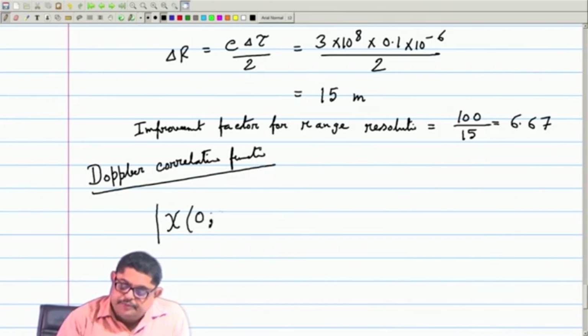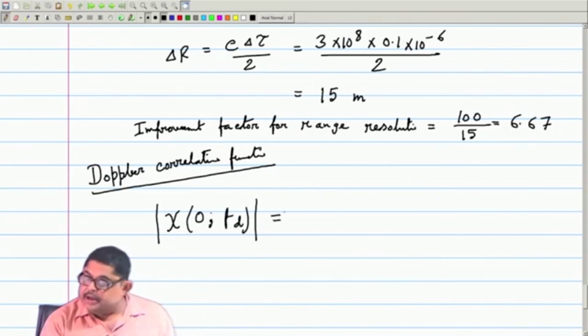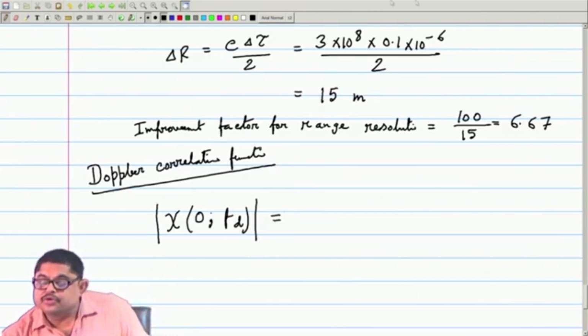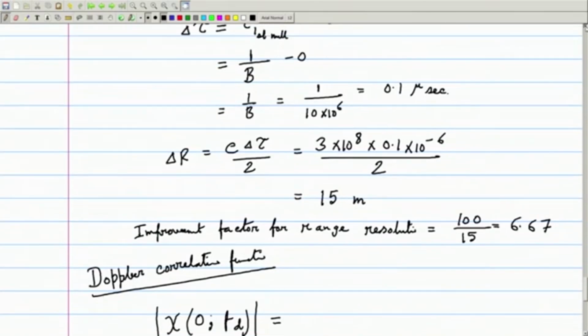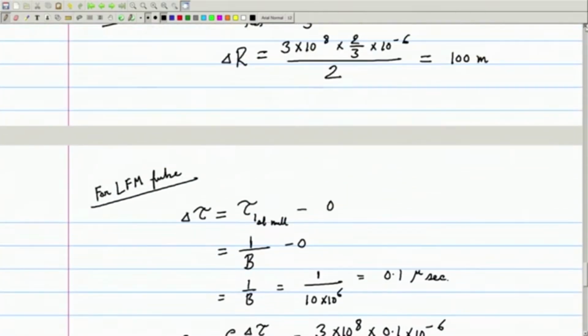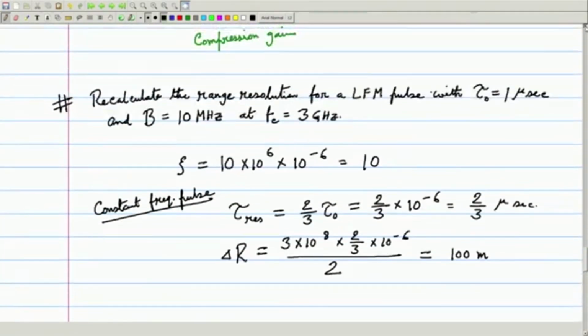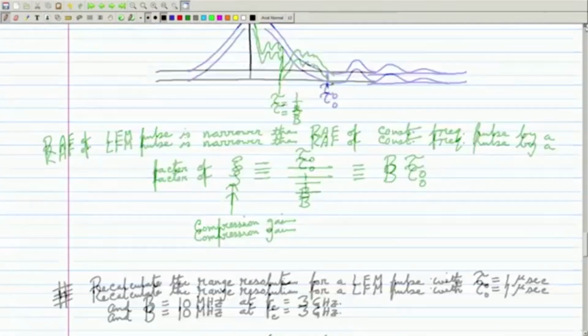In that expression, I can show you which expression. I am not giving the equation number now, I will just show you the expression.